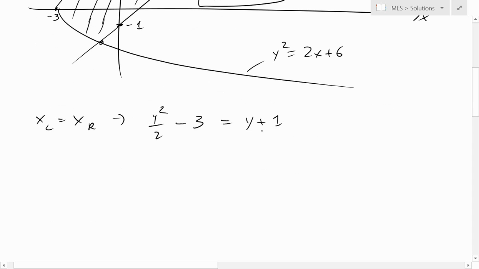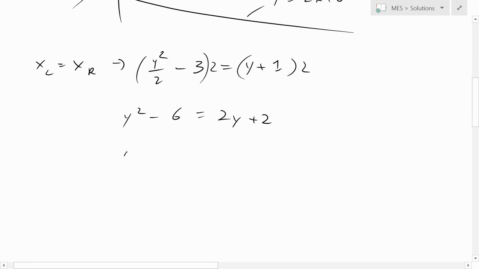I'll multiply both sides by 2 first to get the 2 out, so we get y squared minus 6 equals 2y plus 2. Move this over, and we have y squared minus 2y minus 8 equals 0.